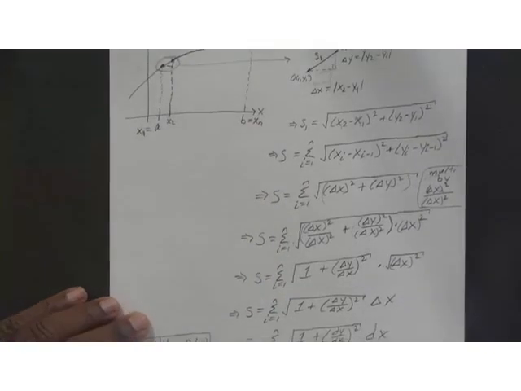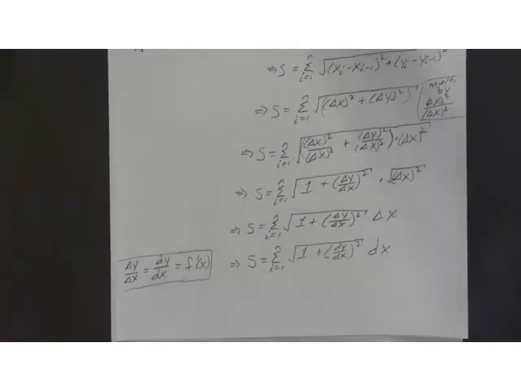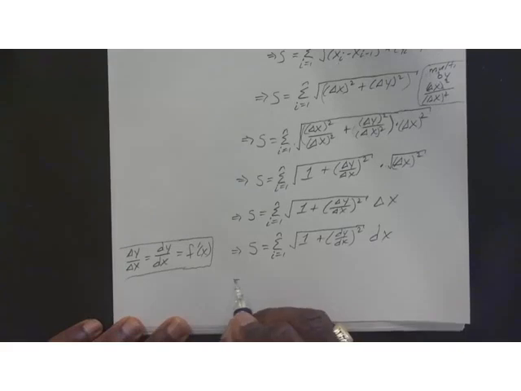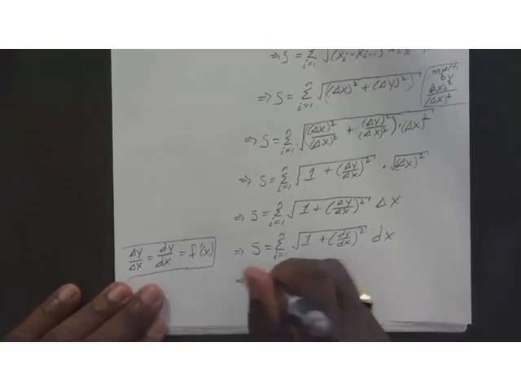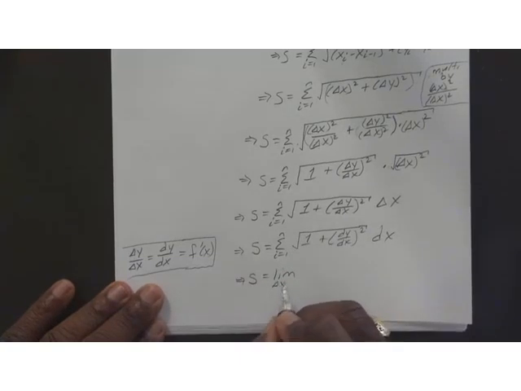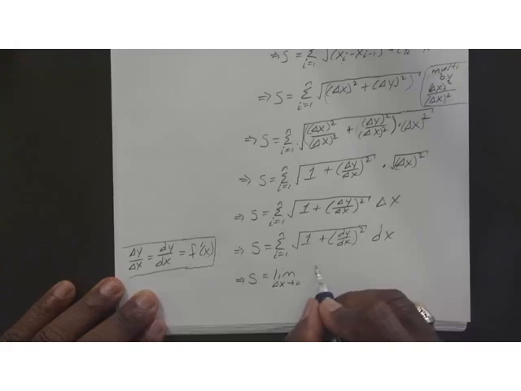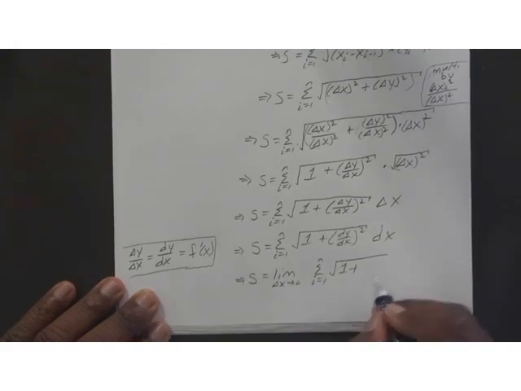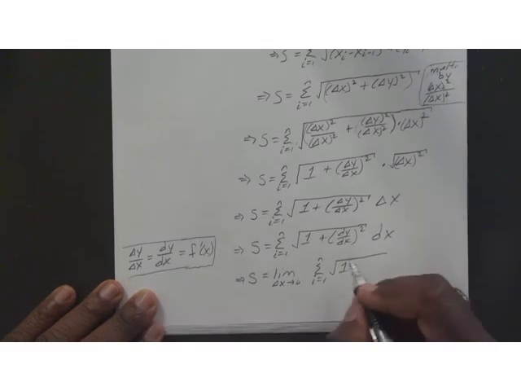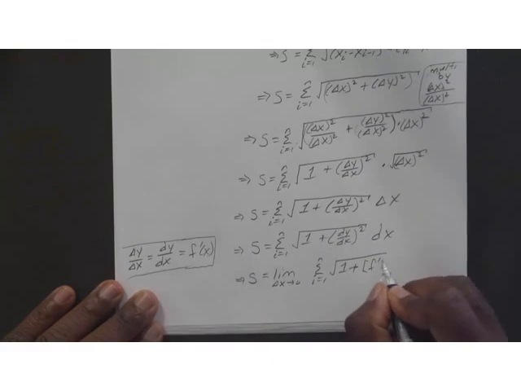So that means that our delta x has to approach 0 for us to get a very accurate arc length. So that arc length would have to equal the limit as delta x approaches 0 of the sum from i equals 1 to n of the square root of 1 plus, and you can leave it as dy dx if you want to, but I'll just say f prime of x squared dx.